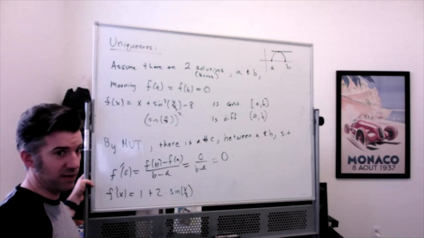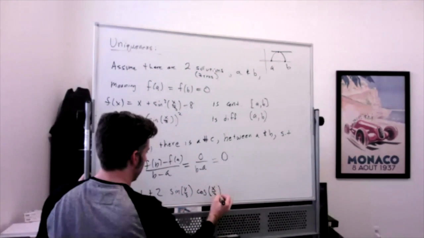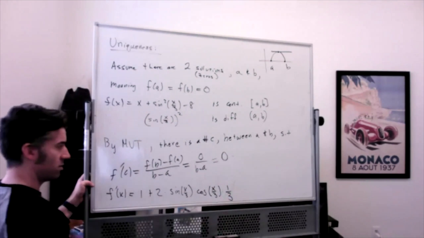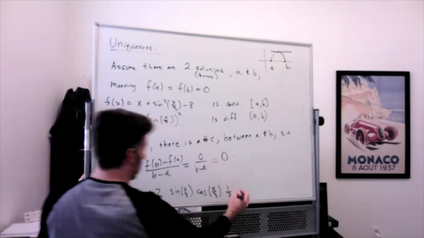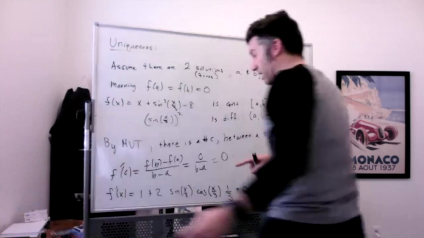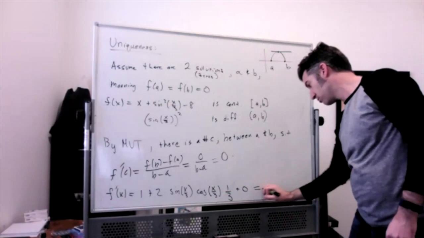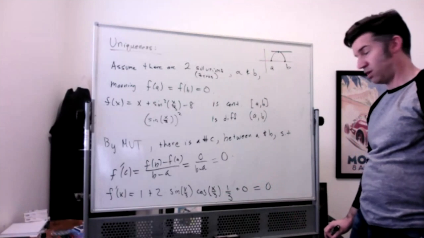And the derivative of my stuff is cosine of x over 3 times 1/3. And the derivative is 0. And what the mean value theorem says is that this should be able to equal 0. There is a solution.